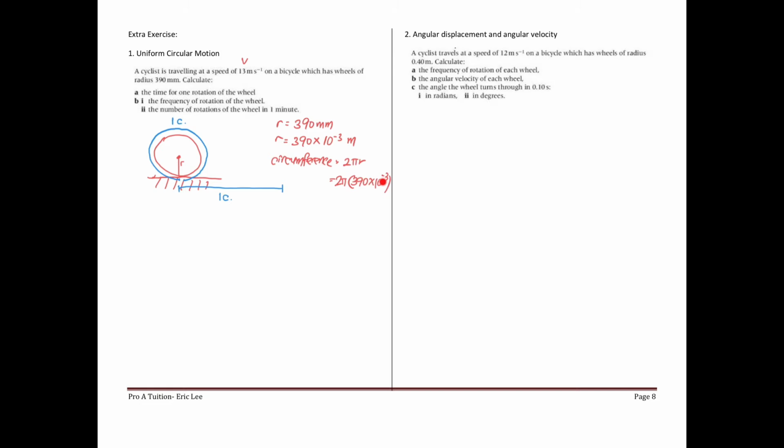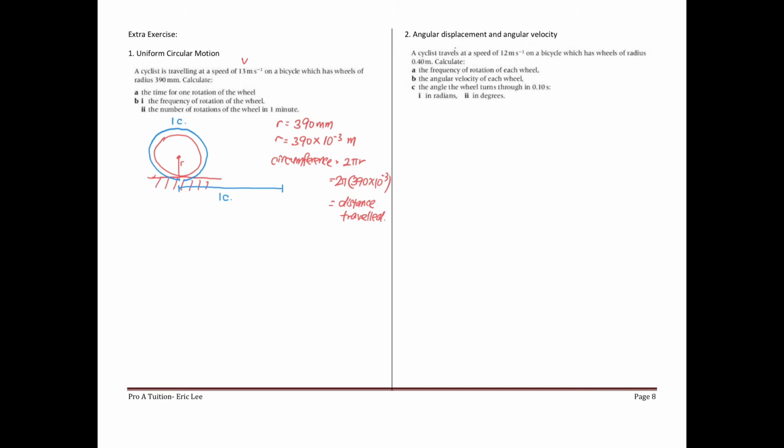So this is at the same time the distance traveled by the bicycle. Okay, so let me write down first. This is also equal to the distance traveled by the bicycle.